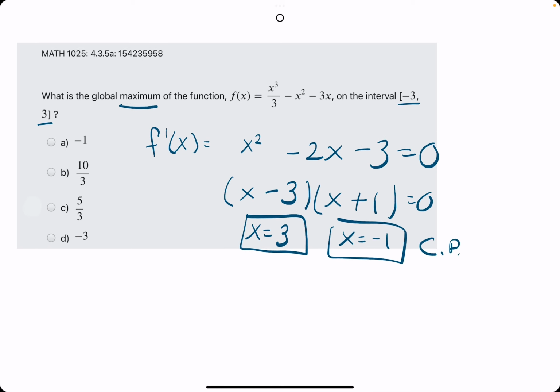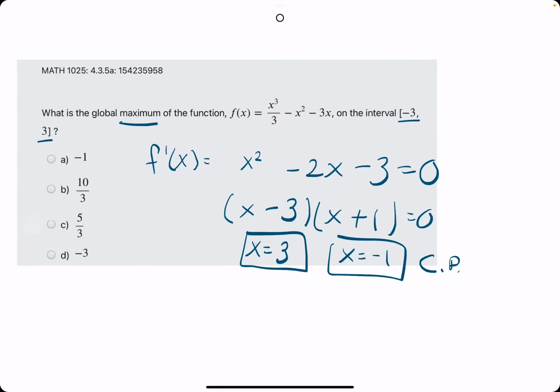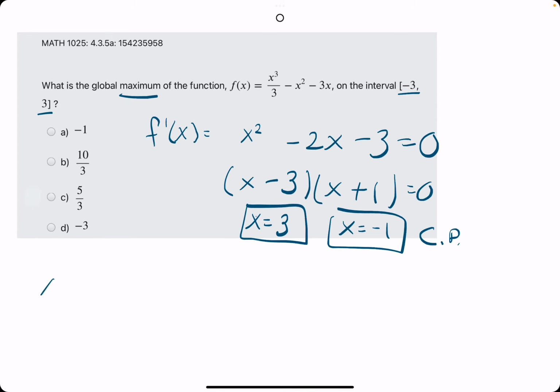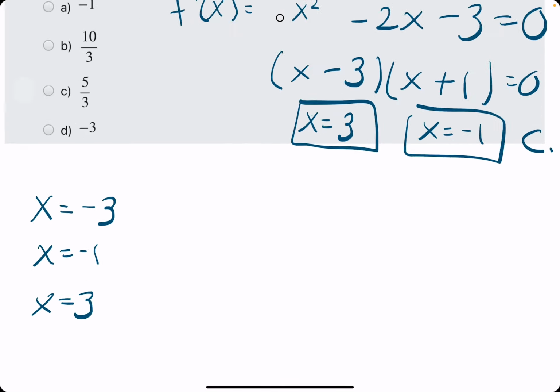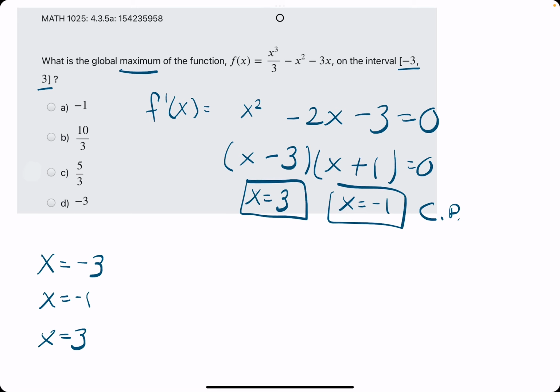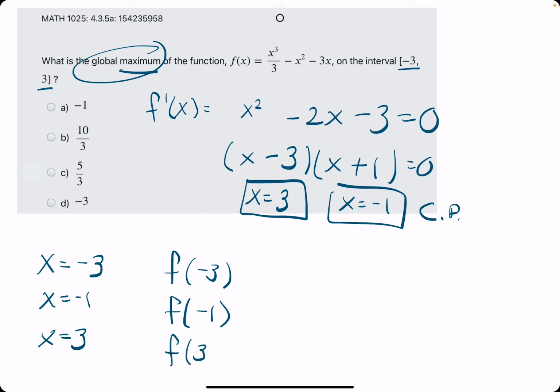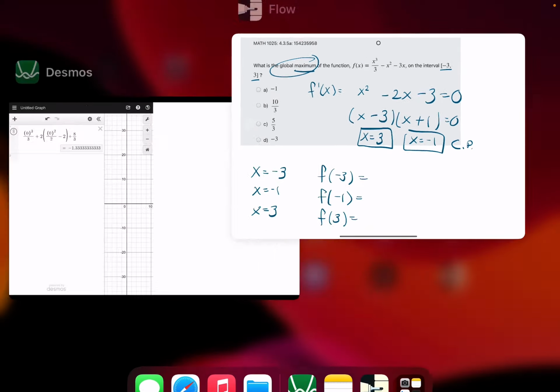Our endpoints are negative 3 and 3. Again, there is a little bit of overlap between the critical points and the endpoints, but we still want to include all of them. So these are our possible locations for the global max. Now we plug negative 3 into f, negative 1 into f, and 3 into f.